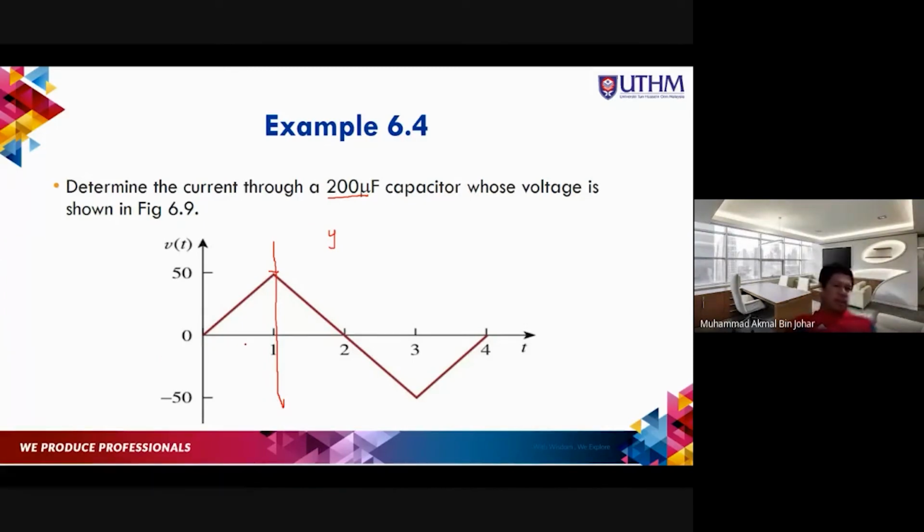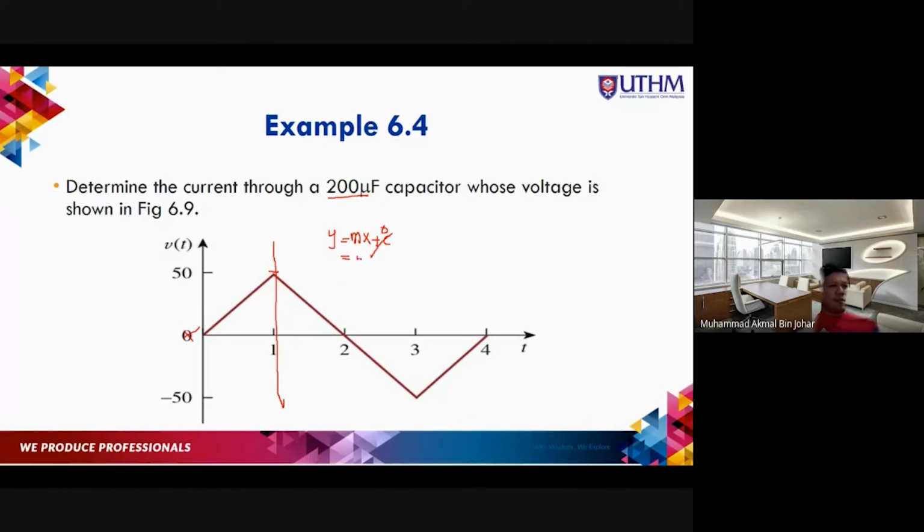Okay, so from 0 to 1 you have a straight line from 0 to 50. So you find the m value, mx plus c. C is obviously zero. So what is the m value? In this case, m is the gradient between these two points.